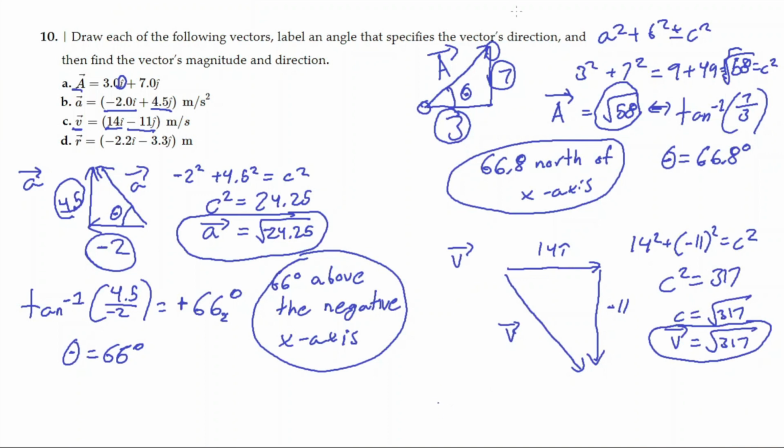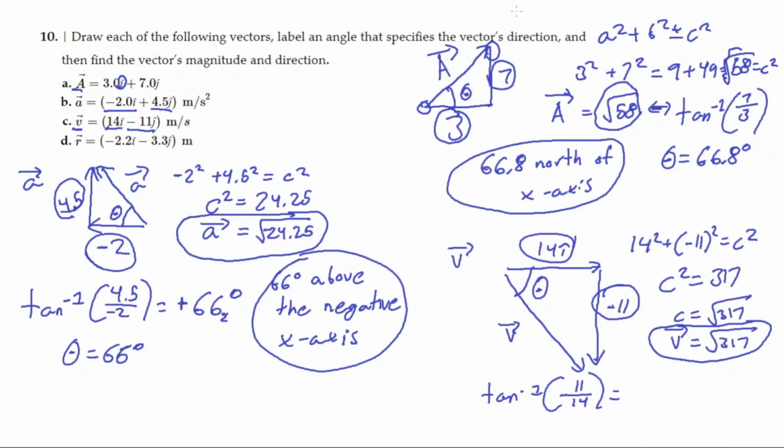And now let's find the direction. Again, this angle being theta here, we know the opposite is going to be negative 11, and the adjacent is going to be 14. So in our calculator, we would put arctan of negative 11 over 14.